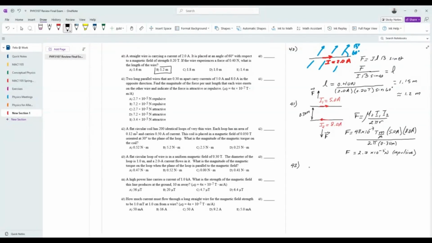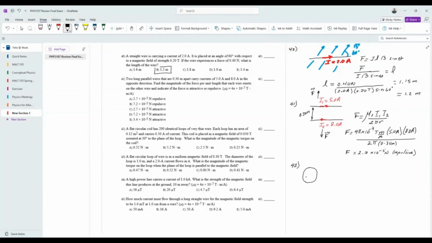So, well, we have a circular coil with 200 turns or 200 loops. And this is the inner area of this circular coil, right?